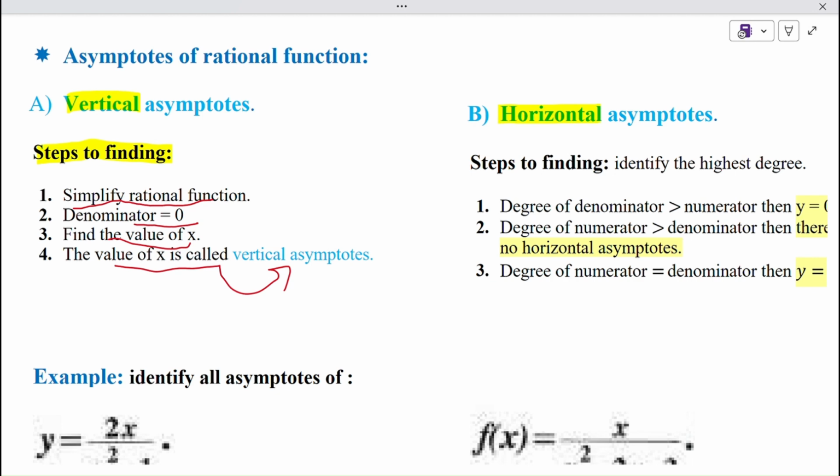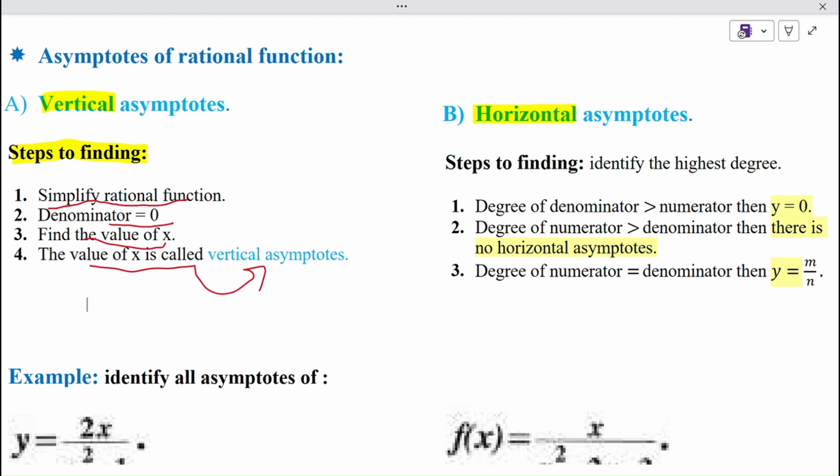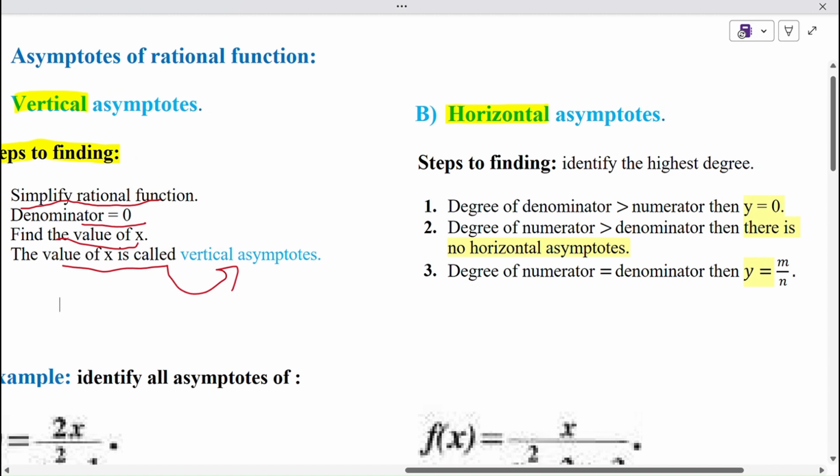What about horizontal asymptotes? For horizontal asymptotes, you just have to identify the highest degree. Don't forget this. If the highest degree of the denominator is greater than the numerator, then y is equal to 0.